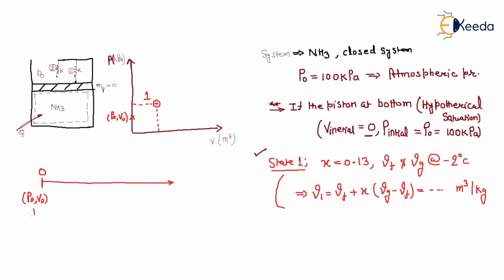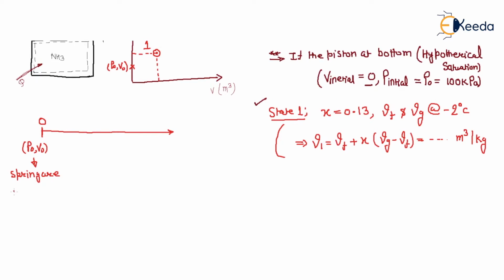At this point, the springs are in the relaxed position. When you supply heat, the pressure will increase, the volume will increase, and the piston touches the first spring. So this is point number one.